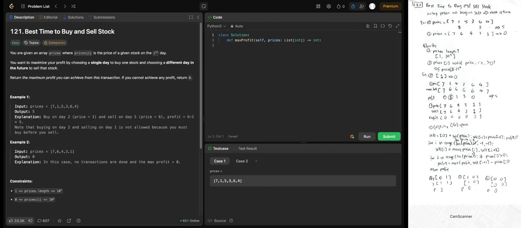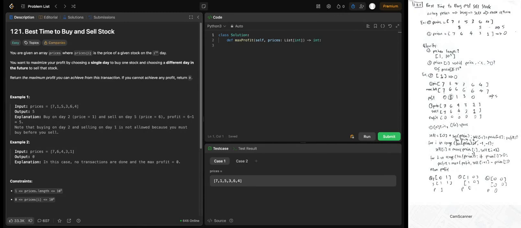Okay, so let's look at some examples here. Prices 7, 1, 5, 3, 6, 4. So we need to choose a time to buy it. In here I would say we buy at 1 and then sell at 6, and this gives us a profit of 5, which is correct.